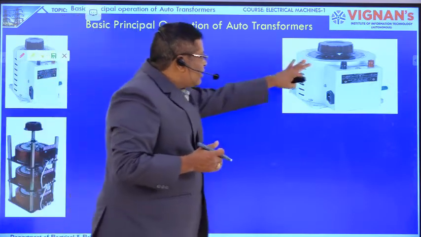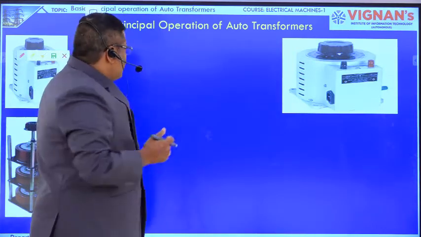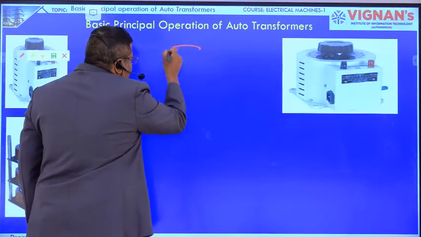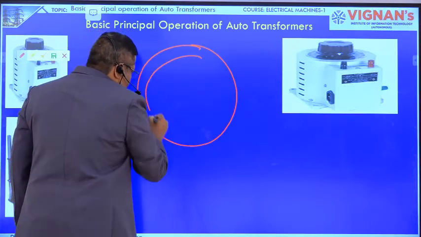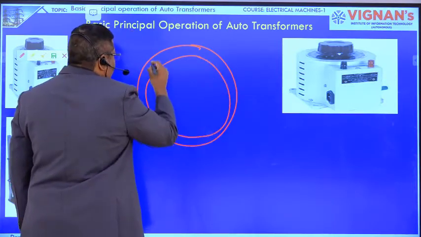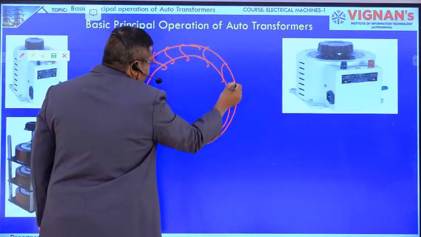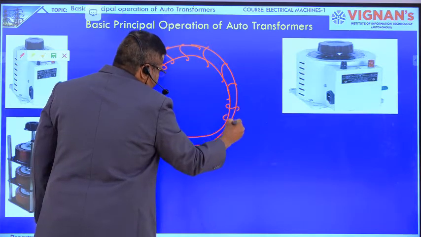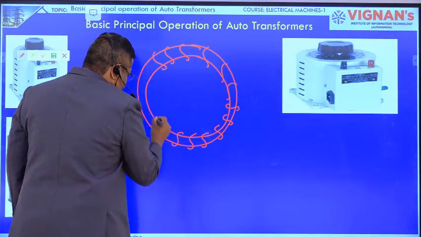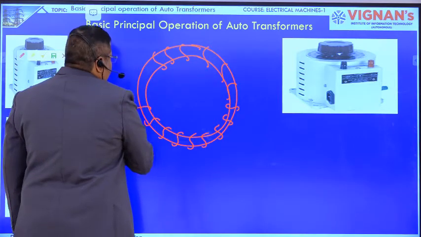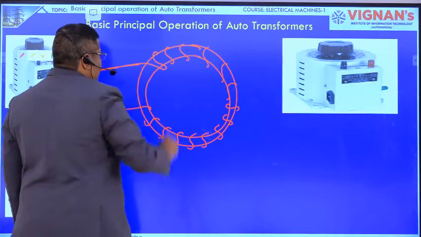If you see the inside of this auto transformer, there is a circular core, and on the circular core the winding is placed.